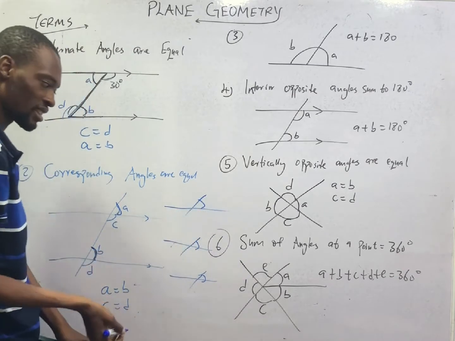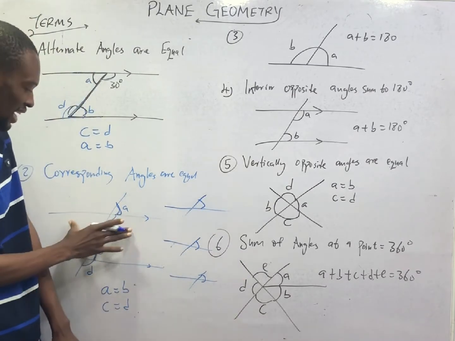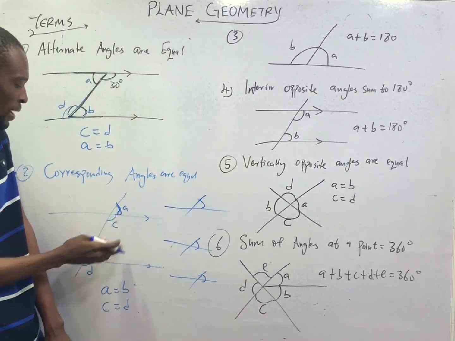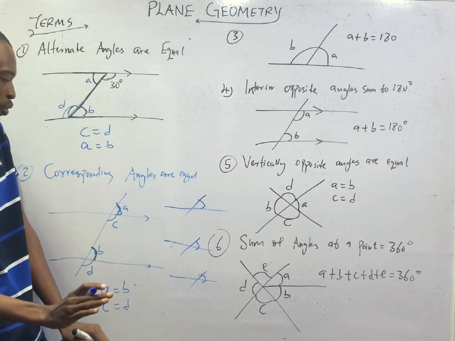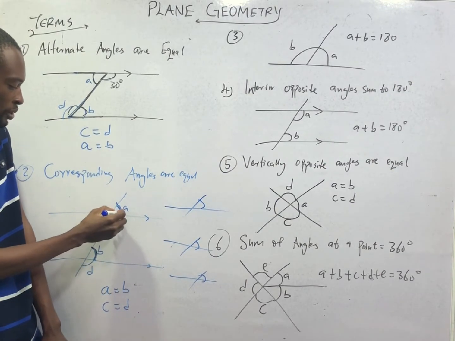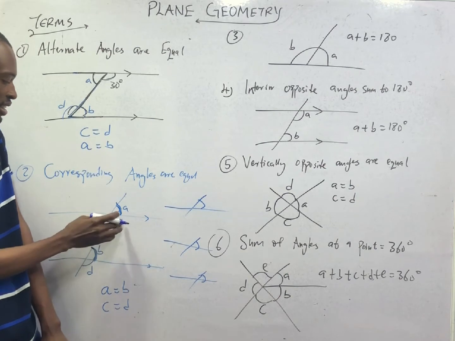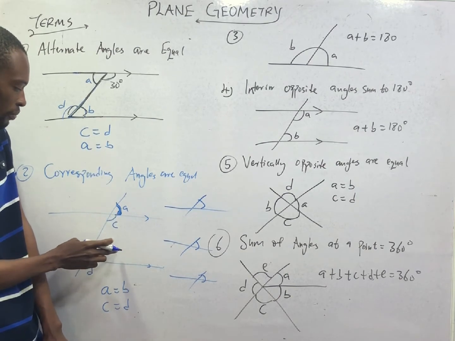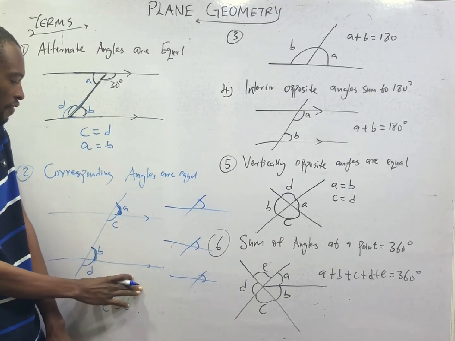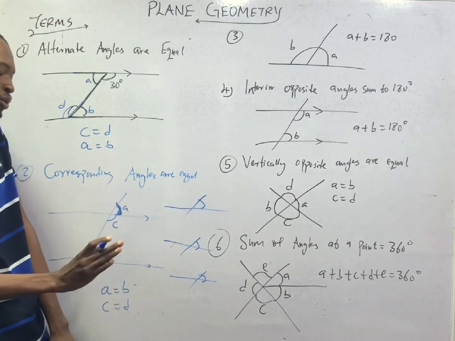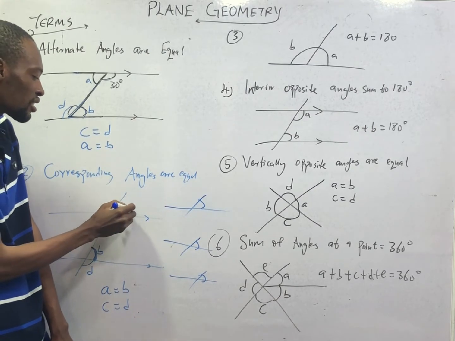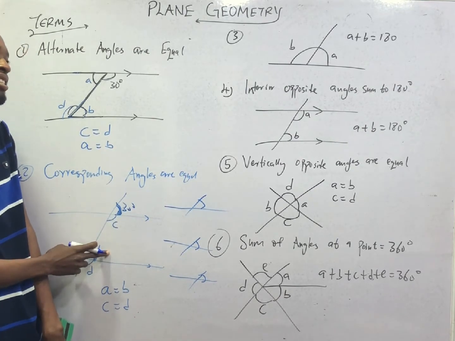So when you have parallel lines, the angles that are occupying the same position are equal. So this one is occupying the top position here, top position here. A and B, they are corresponding angles and they are equal. If A is 30 degrees, B must be 30 degrees.